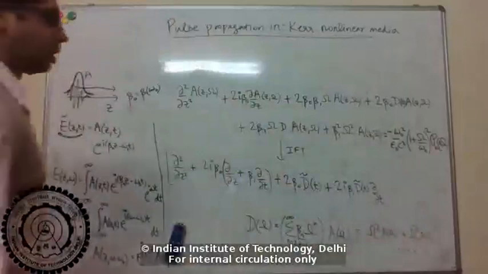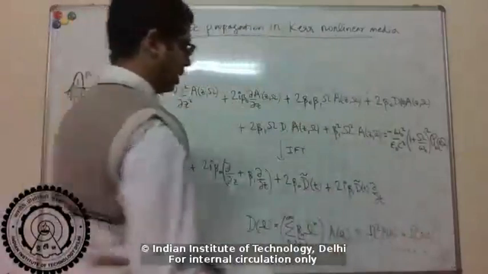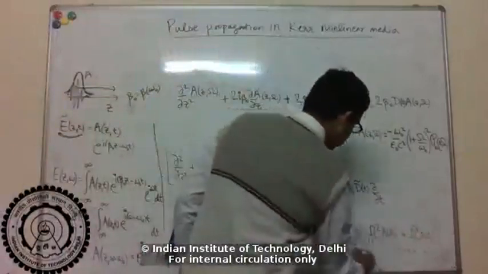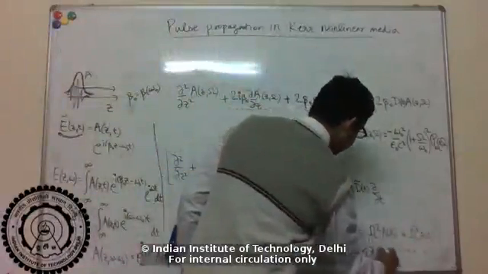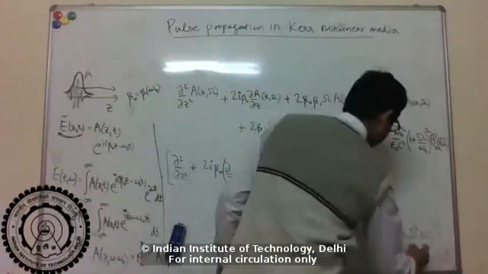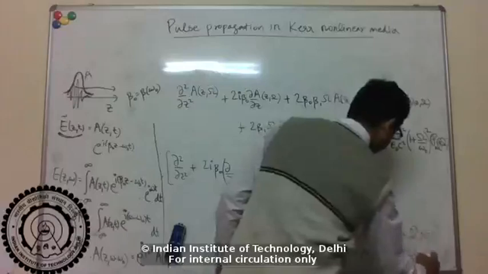Now when you take the inverse of that, omega squared is basically a derivative in time twice, and omega cubed is a derivative in time thrice.